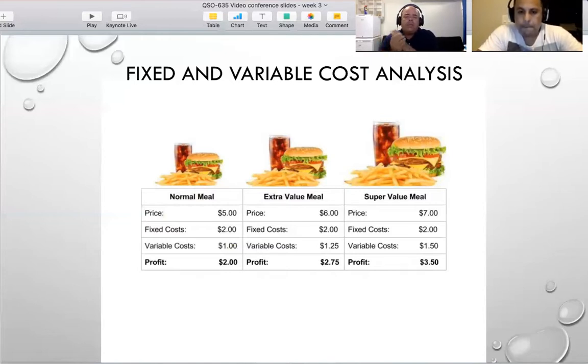Now, the great thing about this example is that the fixed costs are absorbed by the normal meal. So if you can charge anything above the price of the normal meal, all you have to pay for is the difference in the variable costs.